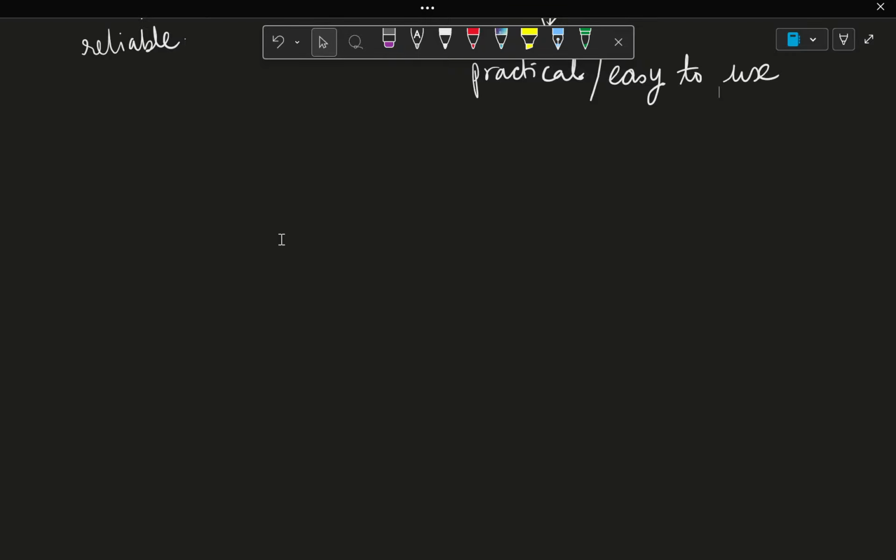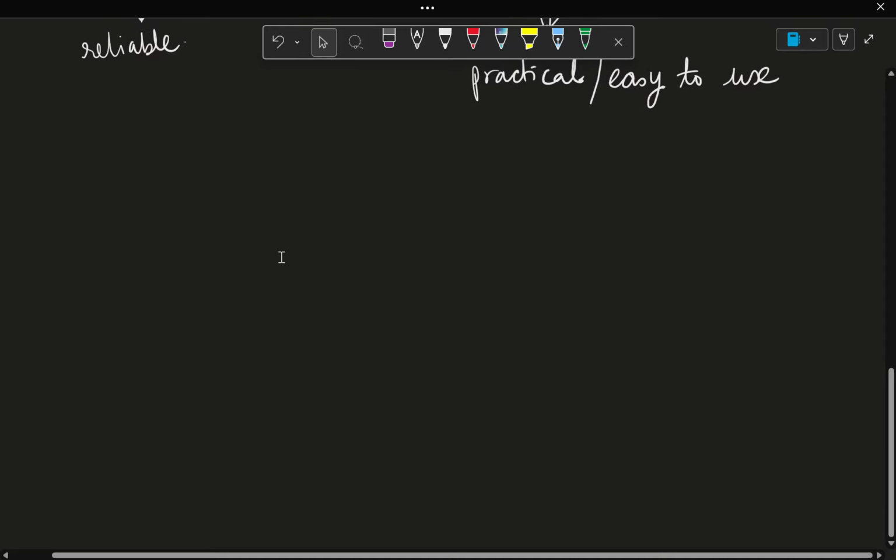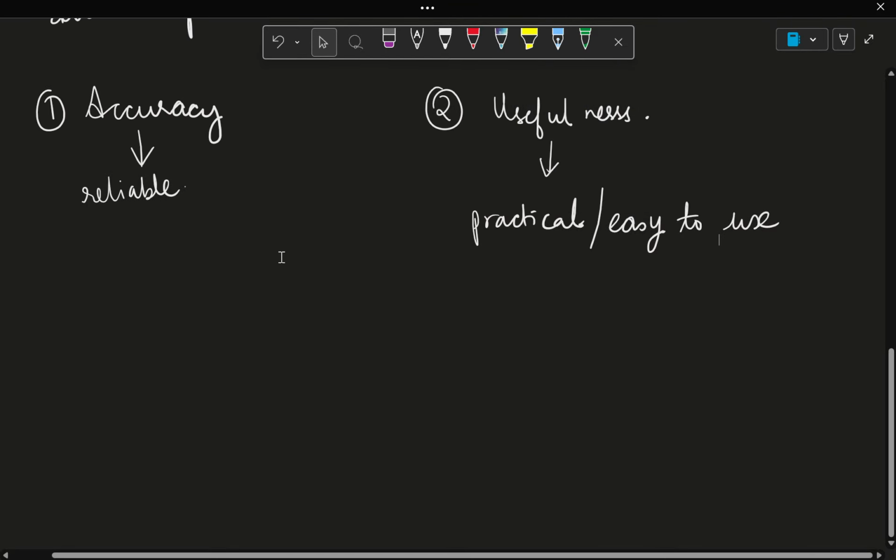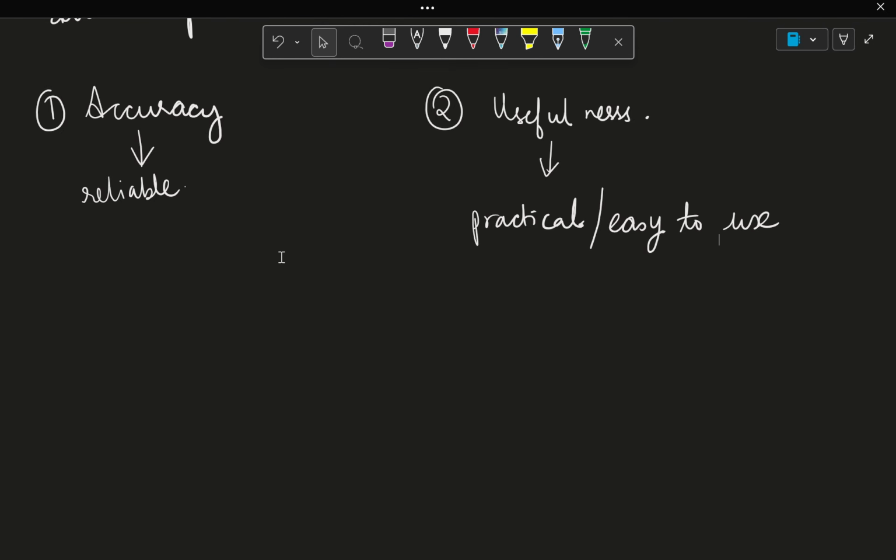But now we might think that accuracy and usefulness seem to be contrary to each other. Unfortunately, there is a trade-off between accuracy and simplicity.